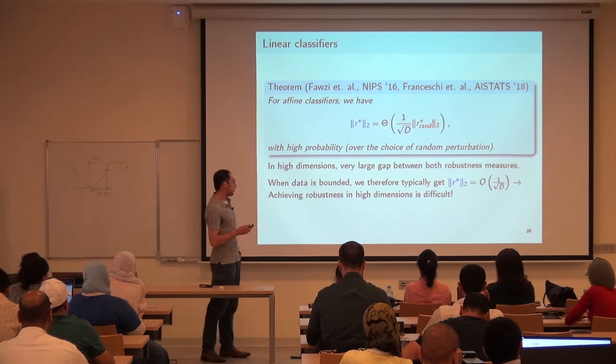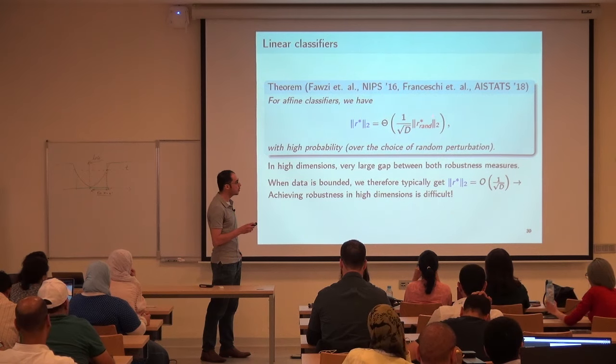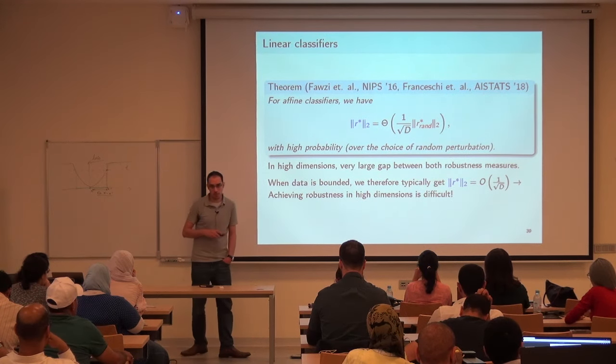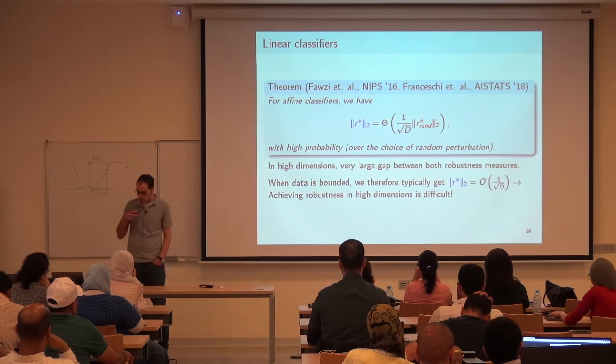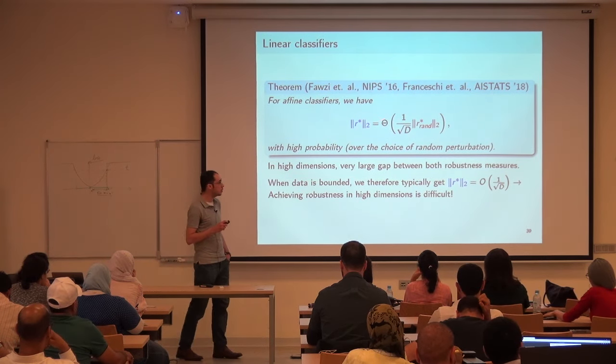More interestingly, when the data is bounded, this thing here is bounded also, and so you have this 1 over root dimension factor, or decay, of the robustness to adversarial perturbations. So we really see the fact that in high dimensions, it's much more difficult to achieve robustness to adversarial perturbations.